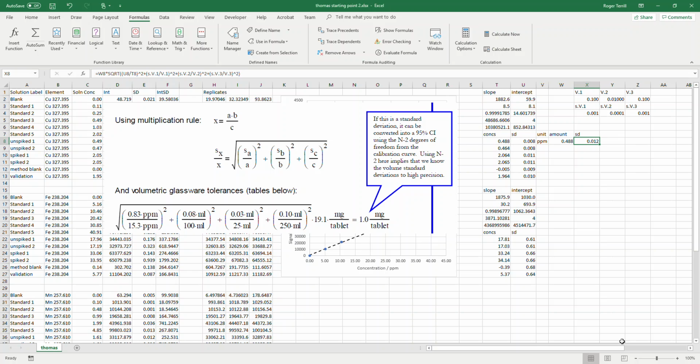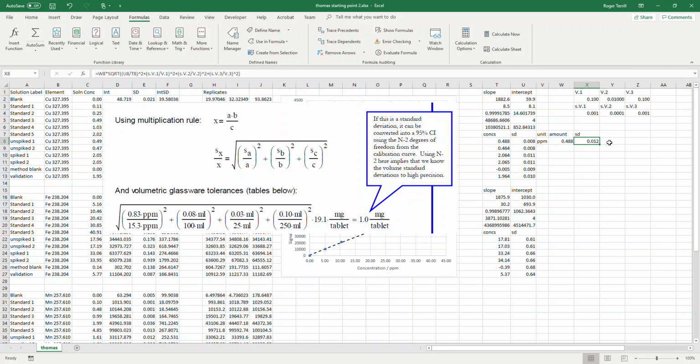And yes, that's correct. So now we have a way to go from the amount and standard deviation to the amount in standard deviation. Right? And this fraction of this is a little bit smaller than this fraction of this, right? So this went up by maybe 50% in this last step.